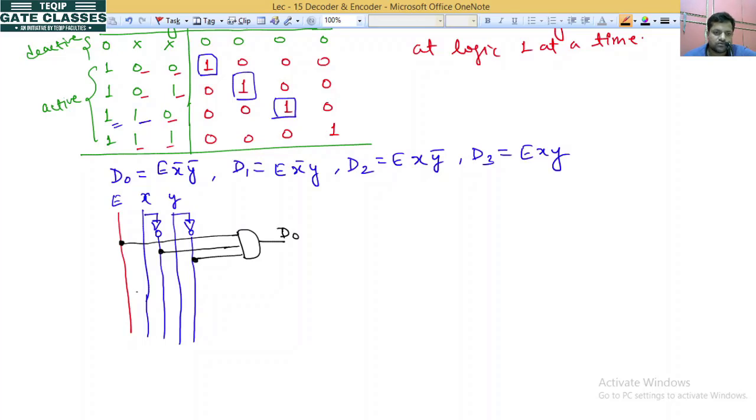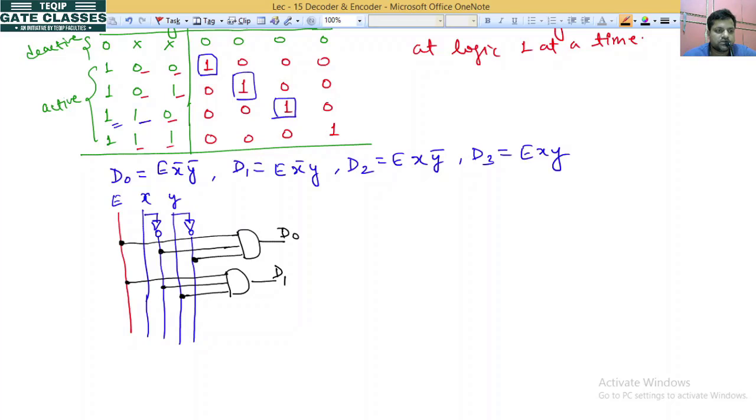Similarly, for D1, it will be E, X bar, then Y, connected with the AND gate. The output will be D1.